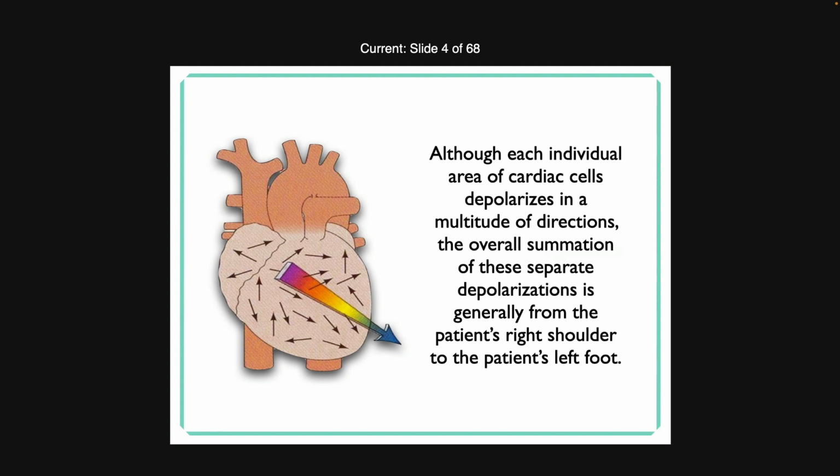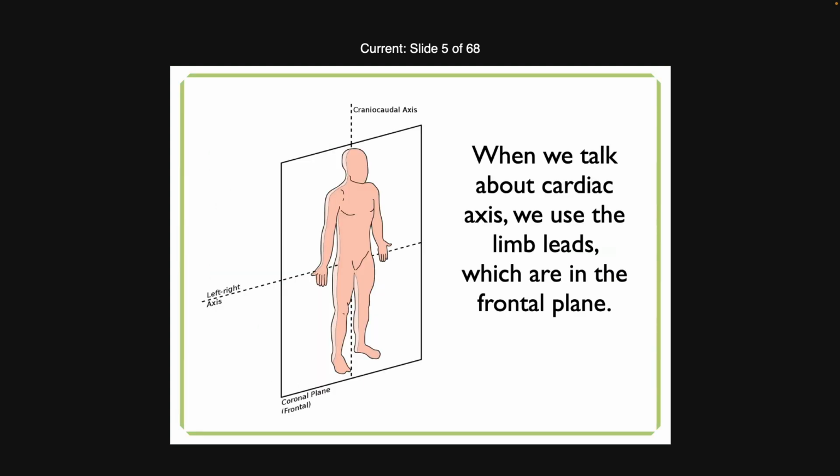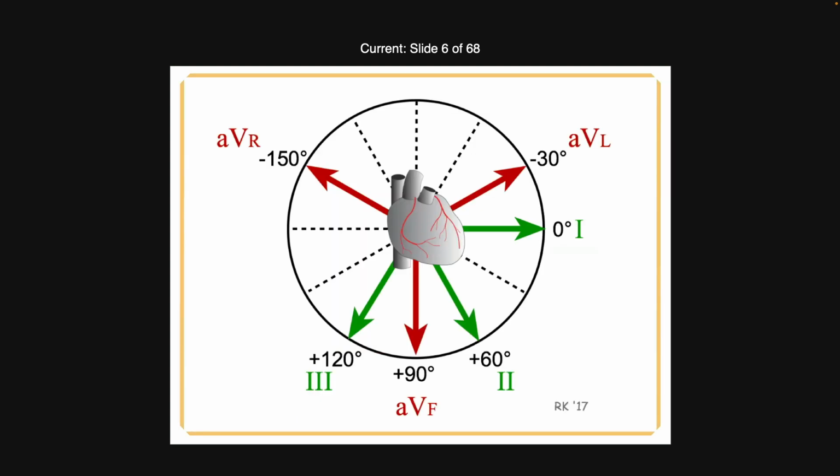Now, when we talk about cardiac axis, like I said, it's QRS, but it's a very specific part of the QRS, meaning it's all in the frontal plane, okay? So it's all vertical in this direction. So it has everything to do with the limb leads.